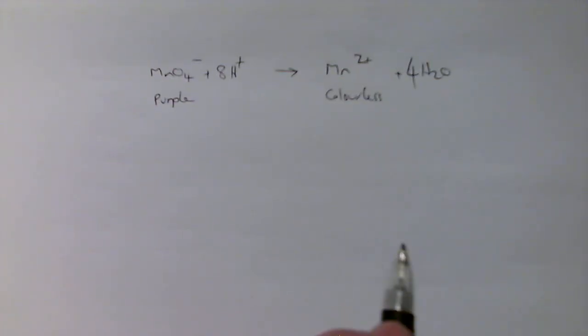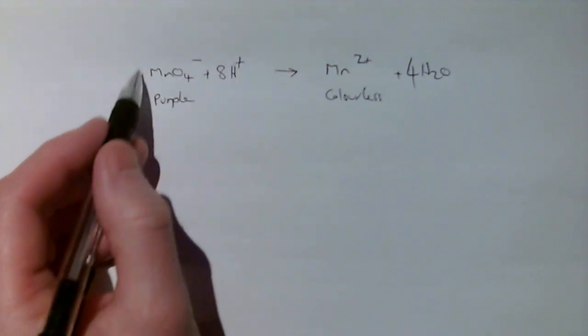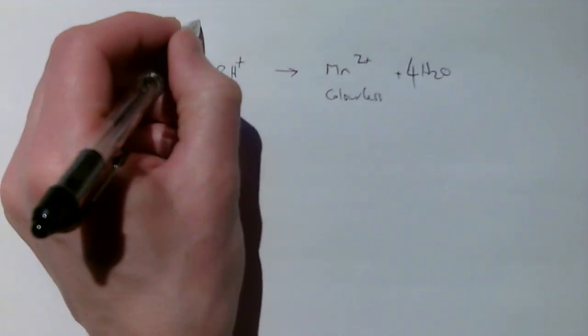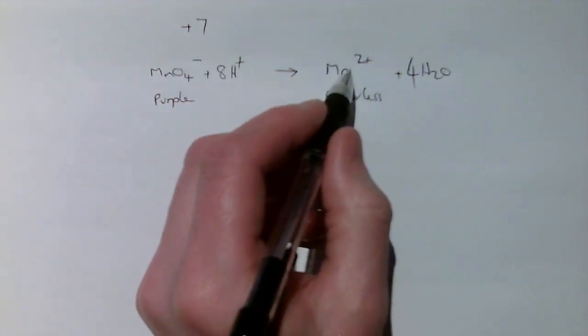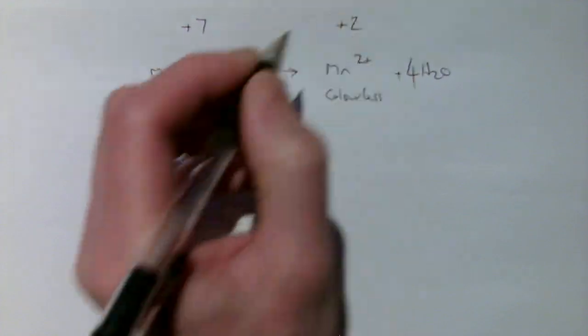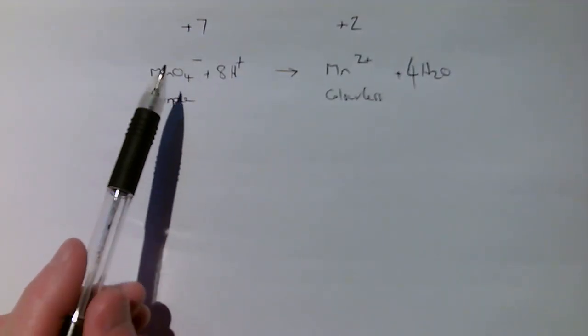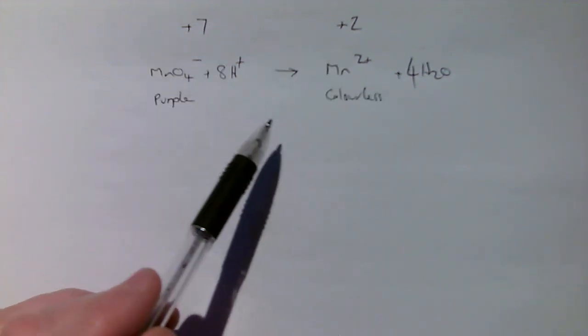Now the next thing we have to do is balance our charges. On this side of the equation my total charge is 8 plus minus 1, so it's plus 7. On this side my total charge is plus 2. Remember that redox chemistry is all about the transfer of electrons, so I'm going to balance my charges by transferring some electrons.